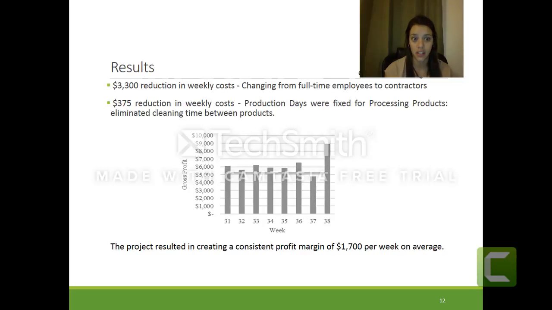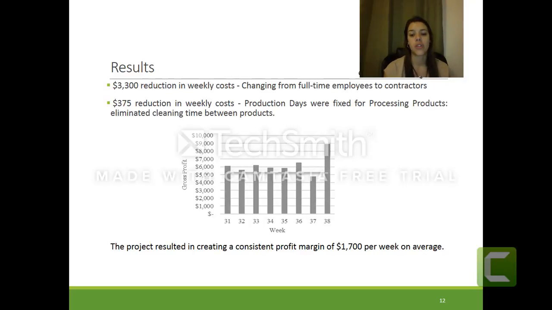The results of these changes were significant. There was approximately a $3,300 reduction in weekly costs just by changing from employees to contractors. There was also an approximate reduction of $375 in weekly costs just by eliminating the time used for cleaning between product production.